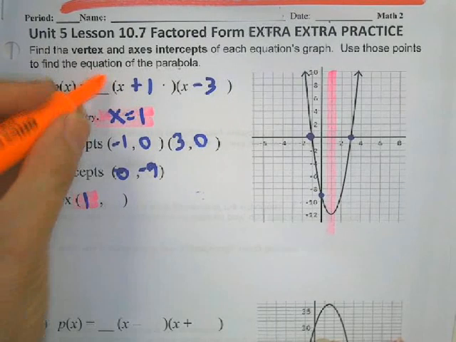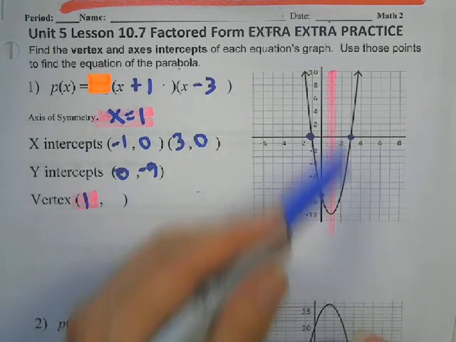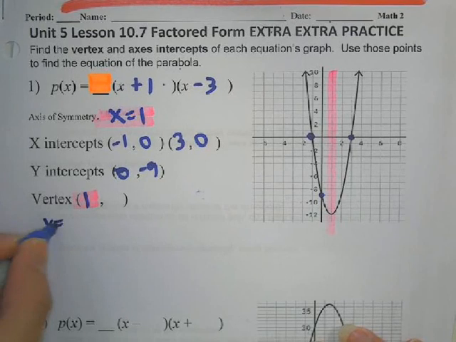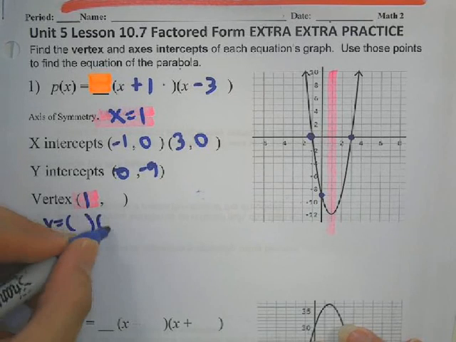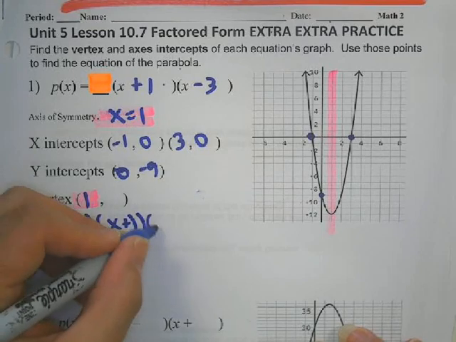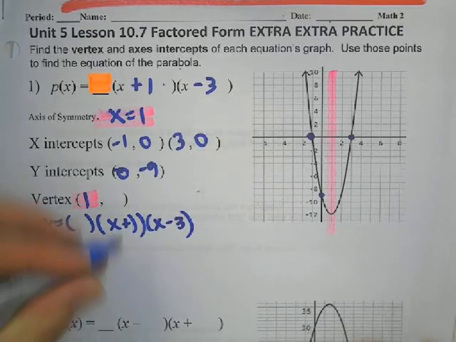Now we need to figure out this orange value in order to see how much it is stretched. So we've got y equals some orange value times x plus 1 times x minus 3.